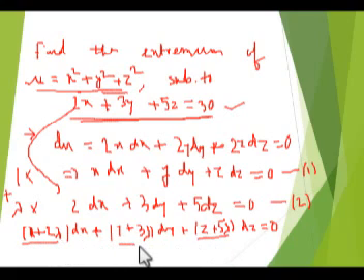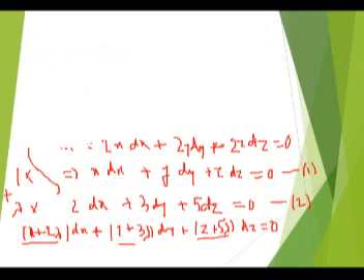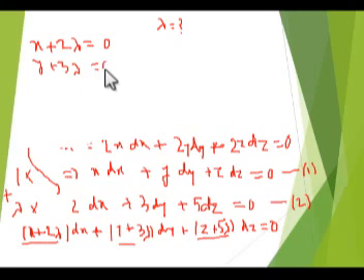Putting them equal to 0: x plus 2 lambda is equal to 0, y plus 3 lambda is equal to 0, and z plus 5 lambda is equal to 0.